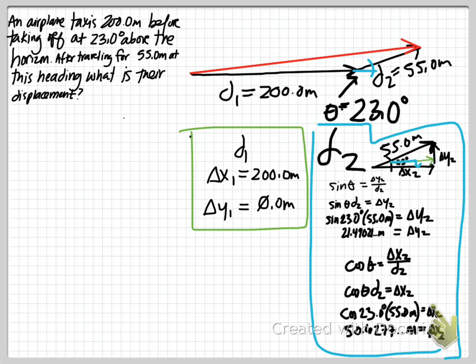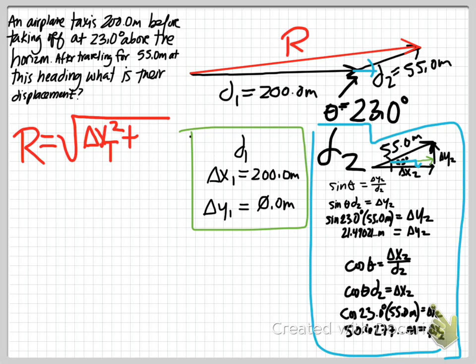So what I know, if I change this to red, is that if I look at the overall triangle, that resultant is going to be equal to the square root of delta x total squared plus delta y total squared.